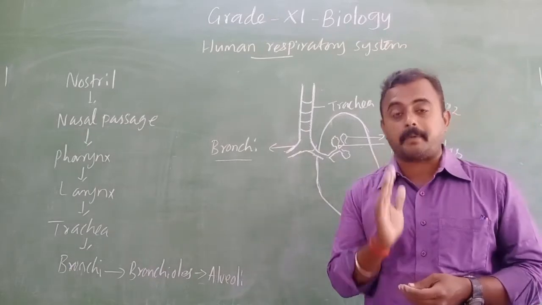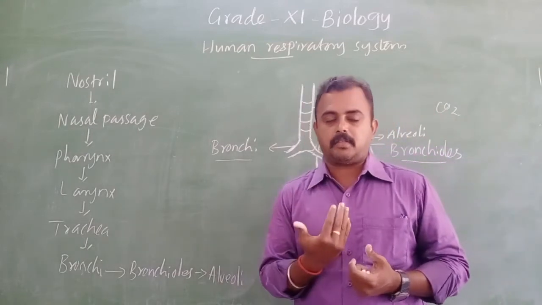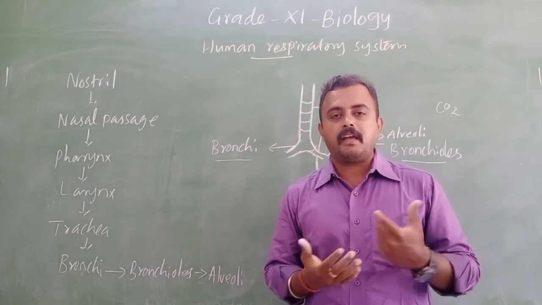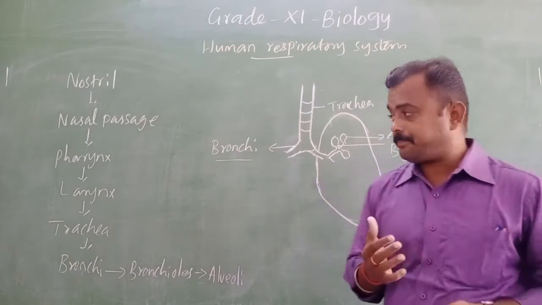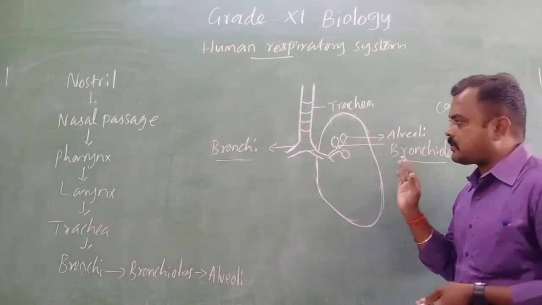That's why we have so many protections, like the vertebral column, sternum, and rib cage, to protect the lungs. This is about the human respiratory system.